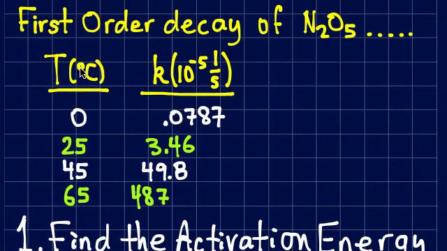Do we care that it's in Celsius? Maybe we do. Also, these are small numbers. This is really 0.000000787. This is really 0.0000346. This is really 0.000498. You get the idea. So these are really small numbers.